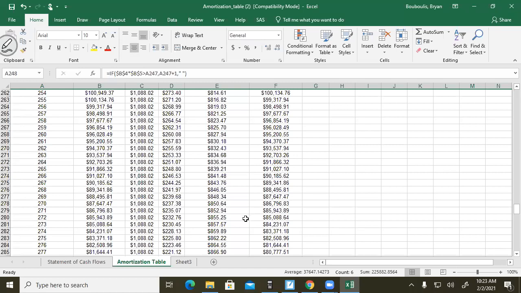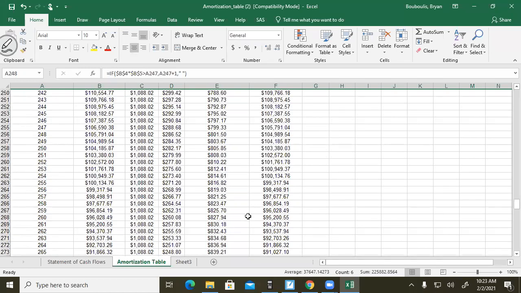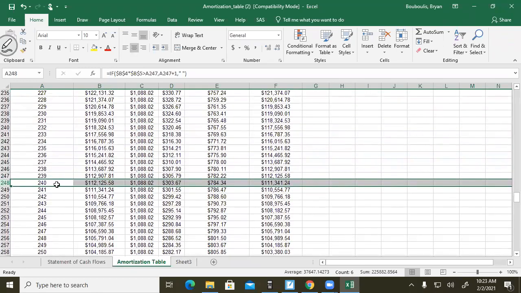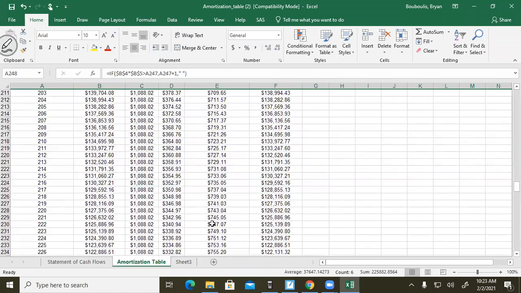What are we paying off first? Are we paying the principal off or the interest off? Interest. We're paying the interest off, right? So after 20 years, we're only about halfway there. And then those last 10 years is really when we start kicking in and paying off the principal amount, right?